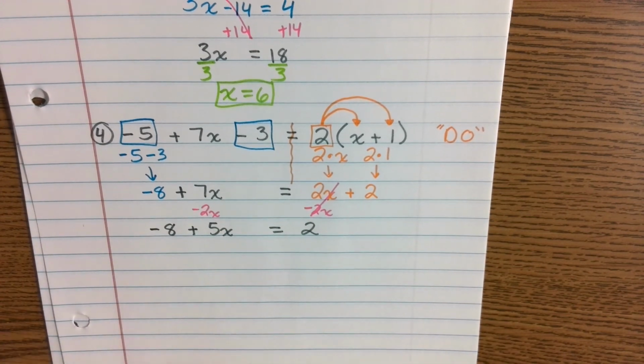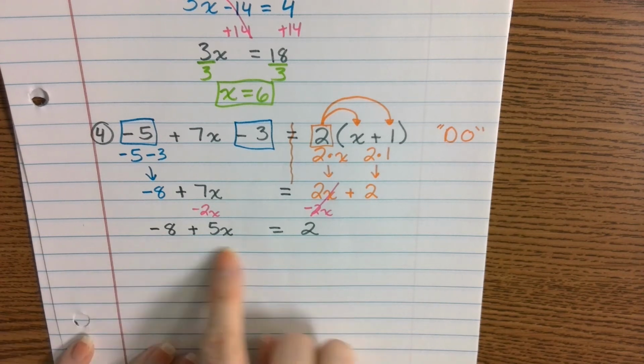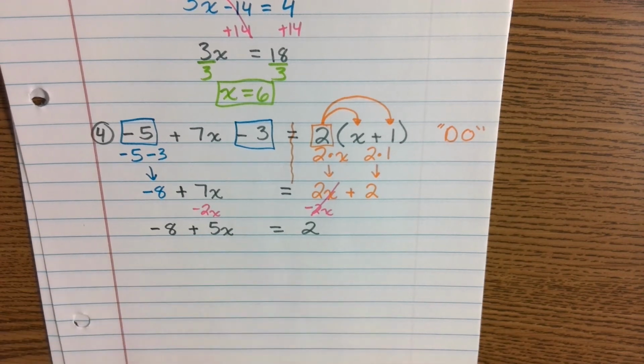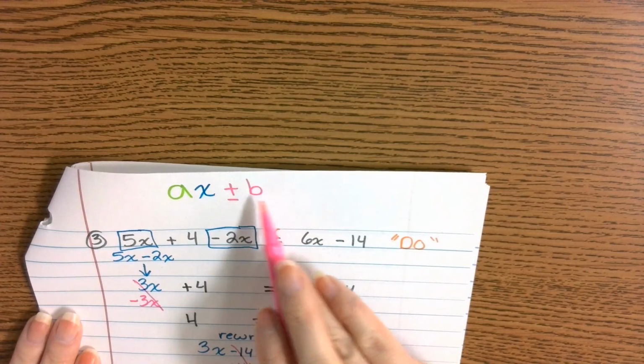Now what am I going to do? Everybody should be looking up here. What do you think we're going to do now? Leona? Add 8. Very good. A lot of times people look and they go, well, wait, hold on. The constant's supposed to be in the back, and why isn't it in the back?